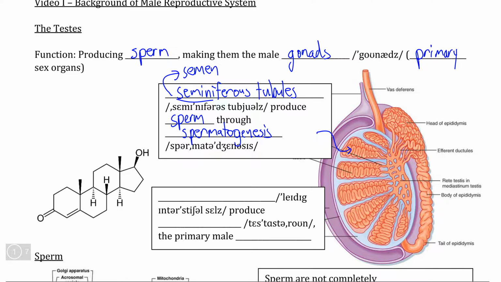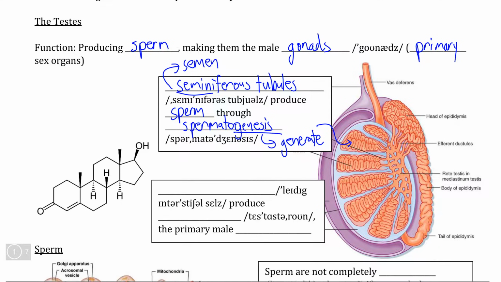If we look at the suffix of this word, we see genesis shares the same root as the verb to generate, so we can conclude that spermatogenesis is the process of generating or producing sperm. We'll talk more on this later because it's actually a multi-step process.